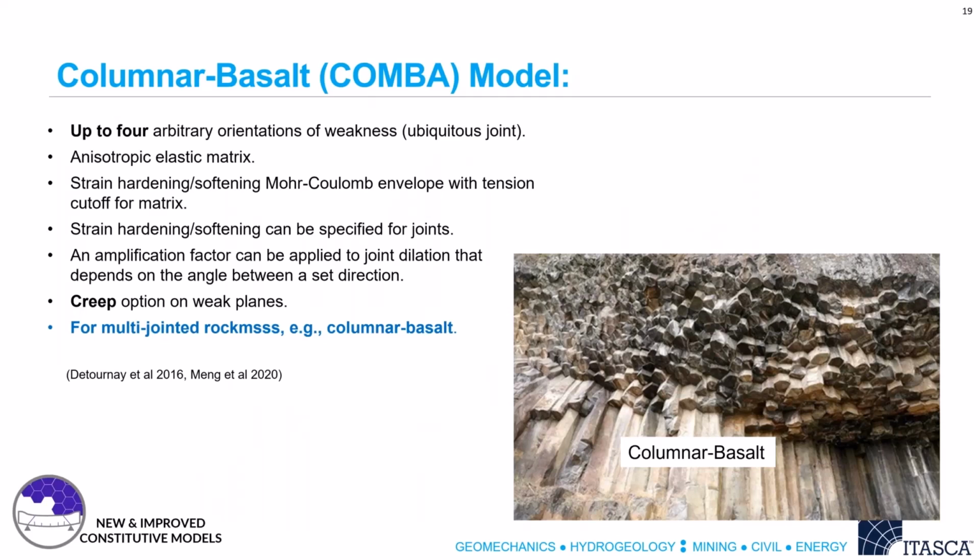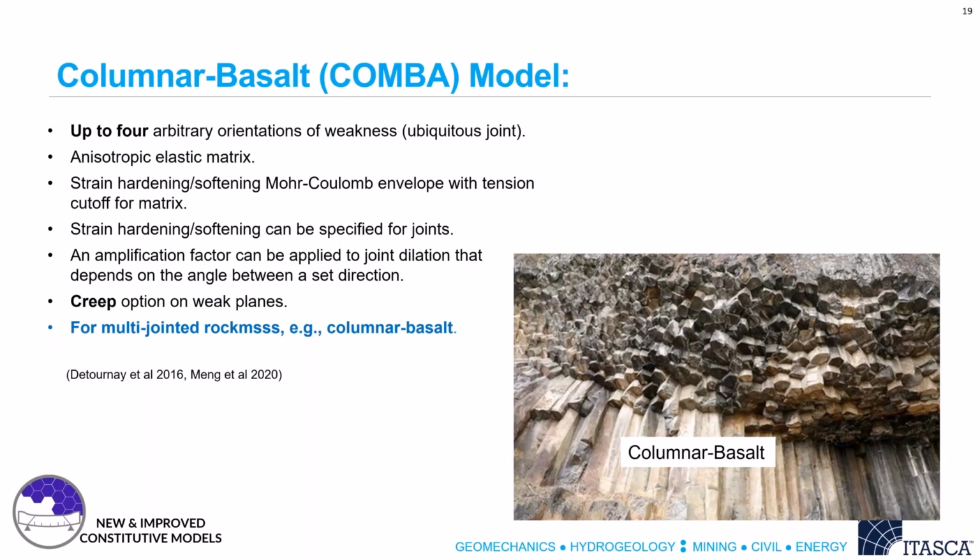Okay, let's now talk about the new constitutive models in FLAC3D version 9. The first is a columnar basalt model. This model can deal with up to 4 arbitrary orientations of weakness, or sometimes we call it ubiquitous joint.